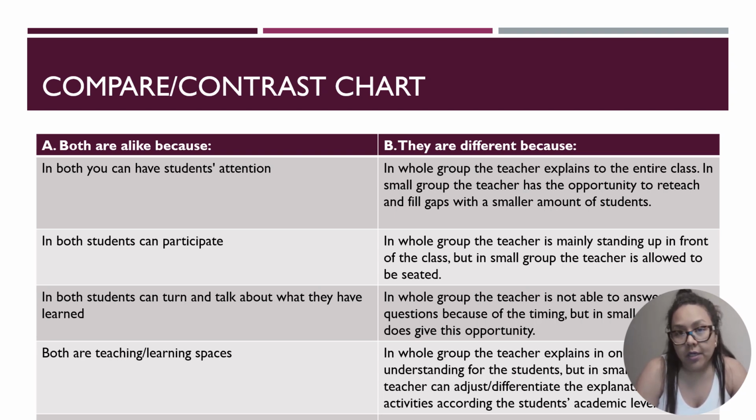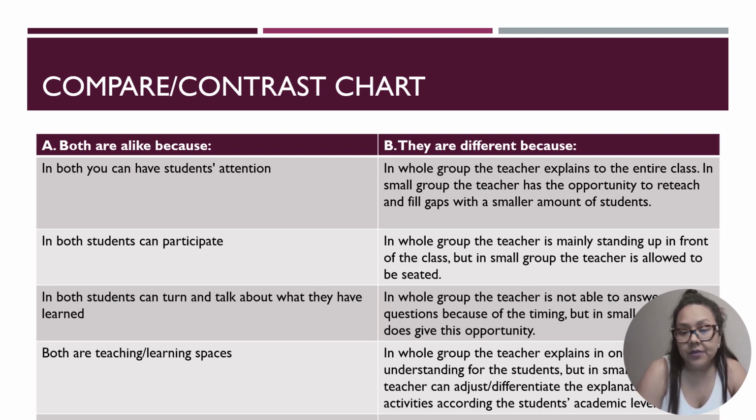Now, how are they different? In whole group instruction, the teacher explains for the entire class. In a small group, the teacher has the opportunity to reteach and fill gaps with a smaller number of students. In whole group, the teacher is mainly standing in front of the class.